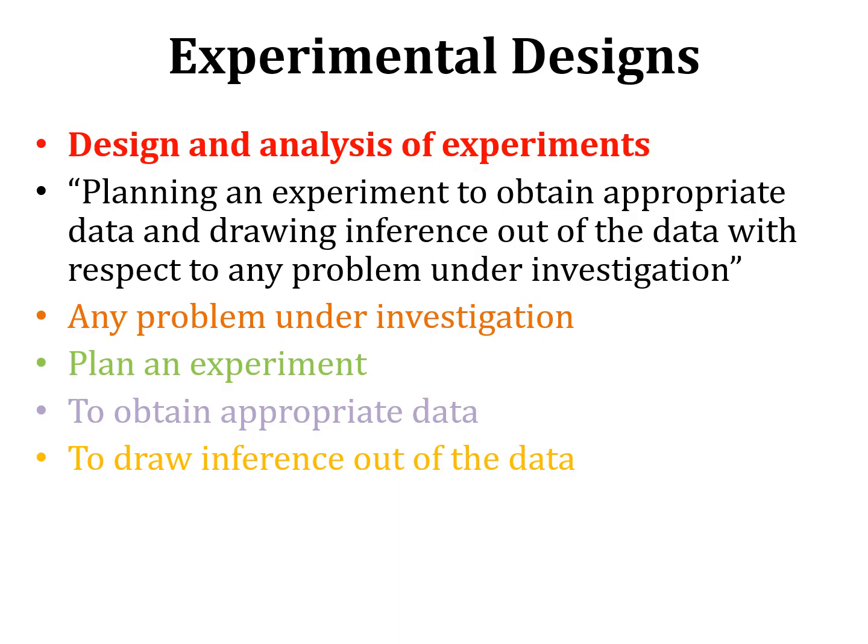So whenever you have a problem under investigation, you plan an experiment, you get your appropriate data, and you draw inferences out of the data. These are the main components of design and analysis of experiments.